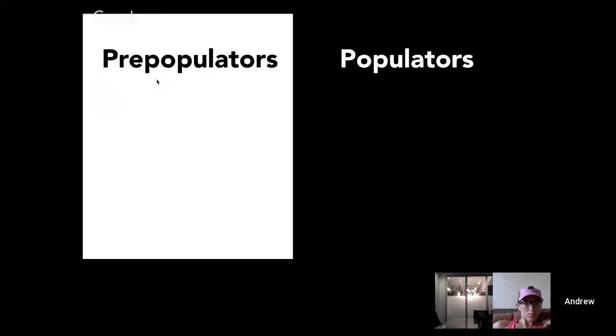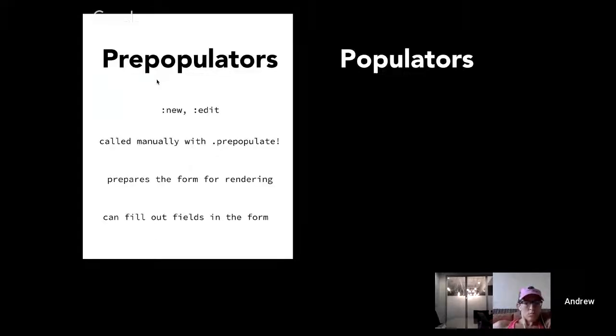There's a couple of things in Reform: there's a thing called a prepopulator and a populator. If you think about it, prepopulators are your new and edit actions. They're called manually inside your controller when you call .prepopulate on something, and they're what prepares the form for rendering.